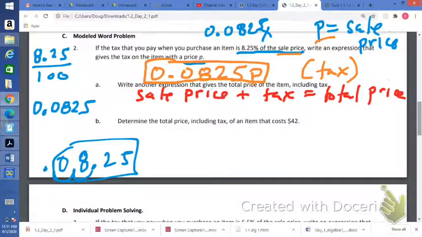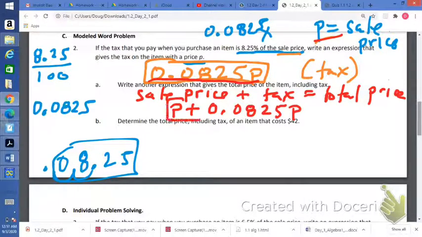So the sale price is P. The tax is this. So P plus 0.0825P. So that's an expression that would give us the total price.